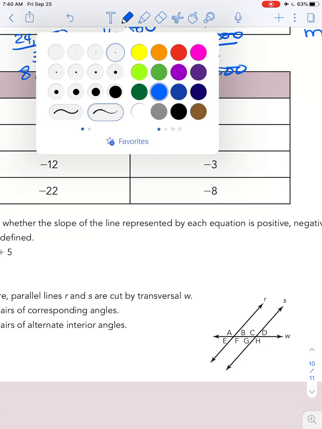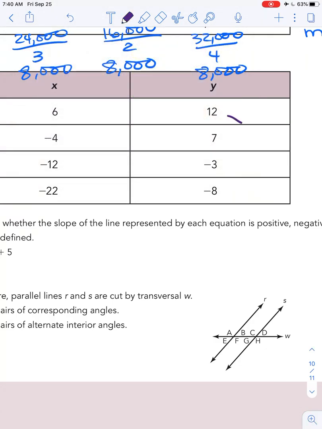Now let's do that over here. I'm going to change colors just so that we can tell. So if I did 7 minus 12, or 12 plus what gets me 7, be careful when you do this, you are going to go down by 5. Right here, you take the -3 and you subtract the 7.